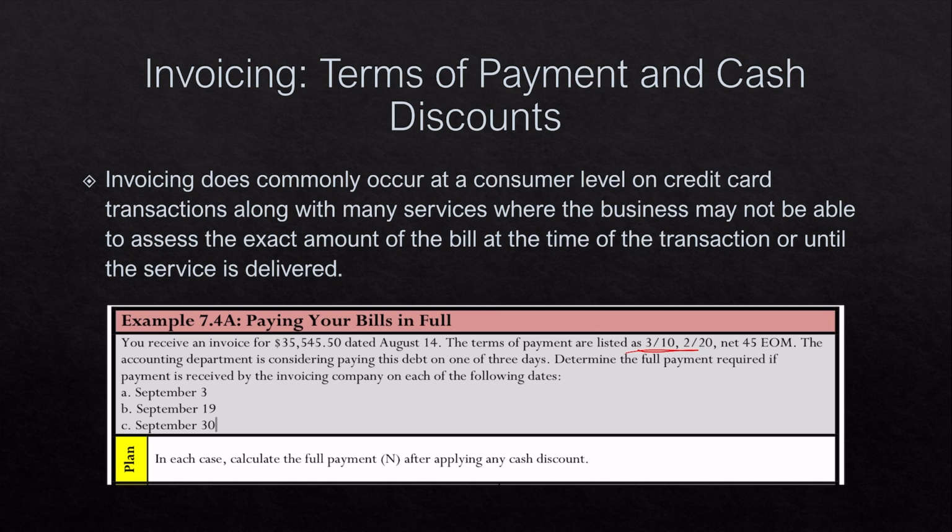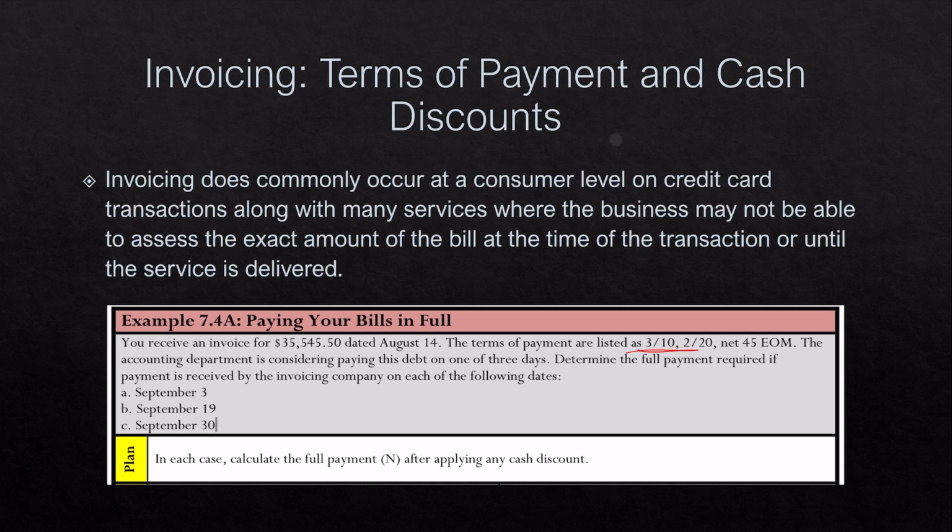So we can see here that if we want to make payment on September 3rd, the invoicing date is the 14th. The 14th is not counted, so we start from the 15th of August.